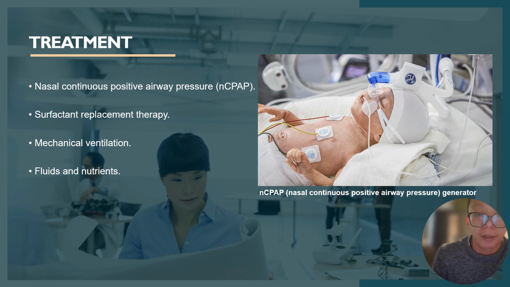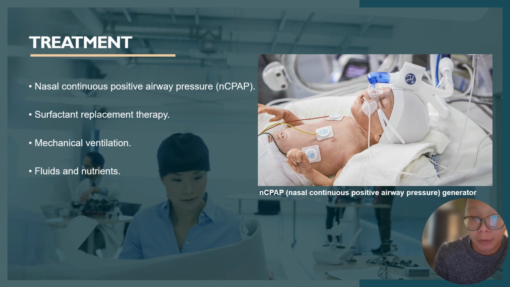The machine connects to a breathing tube that runs through a newborn's mouth or nose and into the windpipe. Babies that require ventilation are more likely to develop bronchopulmonary dysplasia, and they may also develop health problems from the breathing tube or ventilator, such as an airway or lung injury.